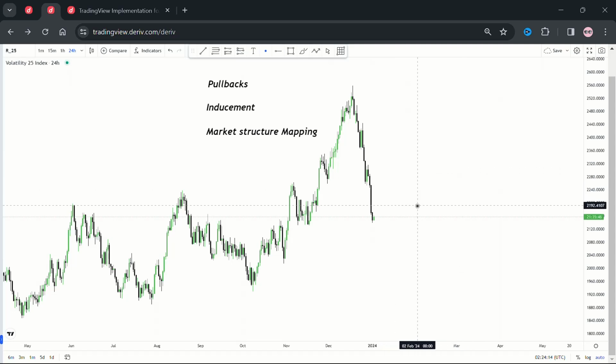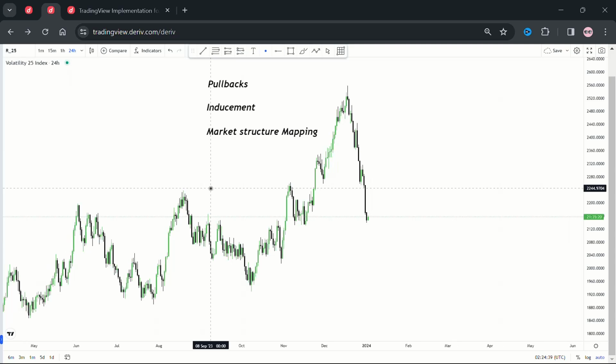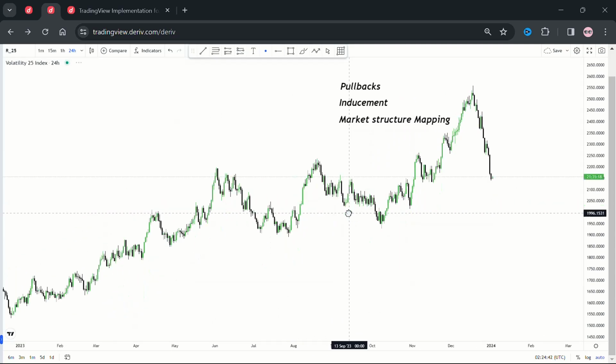You have to be objective. The market doesn't care how bad your eyesight is. The only way you can be objective with the market is marking the levels of break of structure and change of character. I know right now you want me to mark something here, but I'm not going to mark anything. This is just a guide. I'm just showing you what you need to focus on.